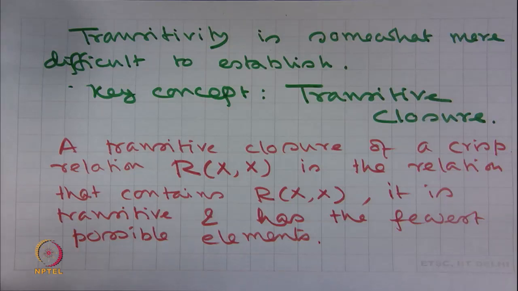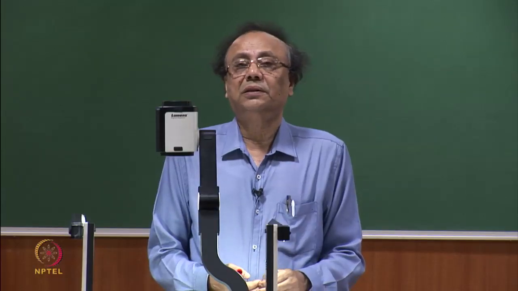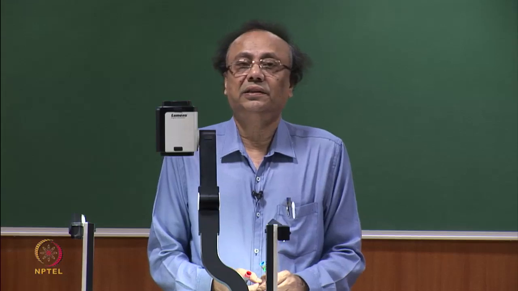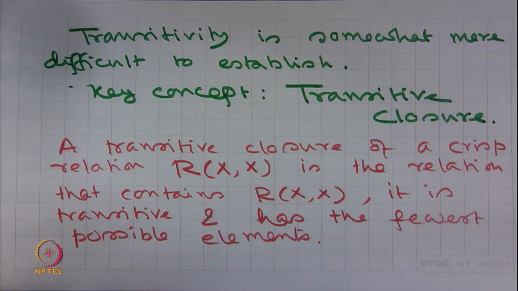That is, given a relation R from x to x, the transitive closure is the smallest set that contains R and also that is transitive.